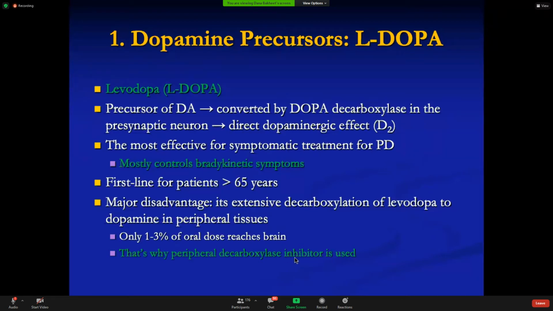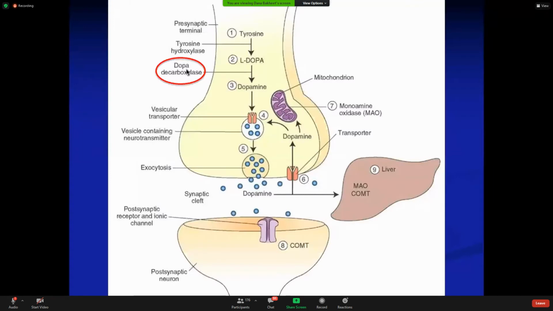At the same time, remember, when it is converted to dopamine, it might act on the blood vessels and heart rate. So that's why we use carbidopa, in the periphery and not centrally. This is the dopa decarboxylase usually.